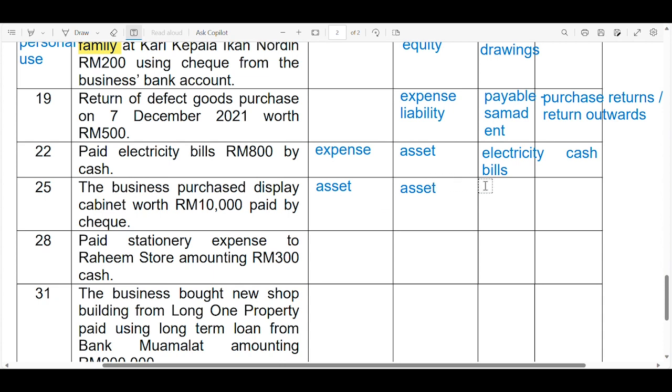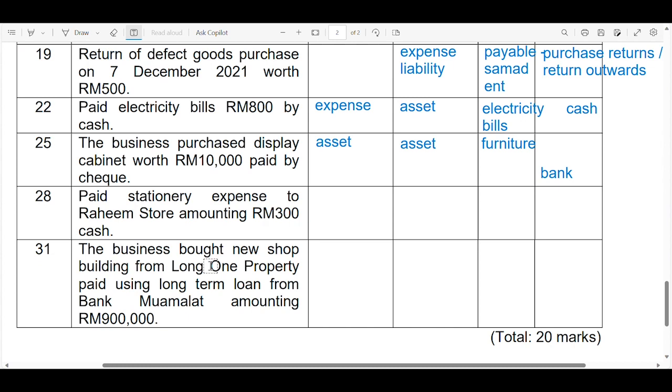So you debit display cabinet. Maybe we debit furniture. And then paid by check, so the asset decreases, you credit bank. Paid stationery expense to Rahim store amounting 300 cash. Paying stationery expense results in increase in expense.